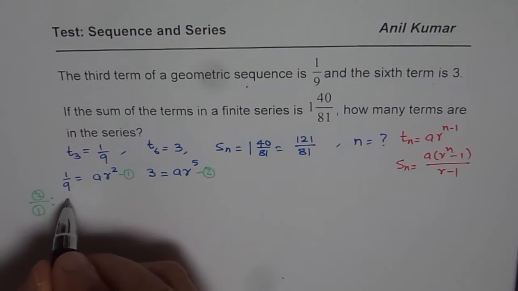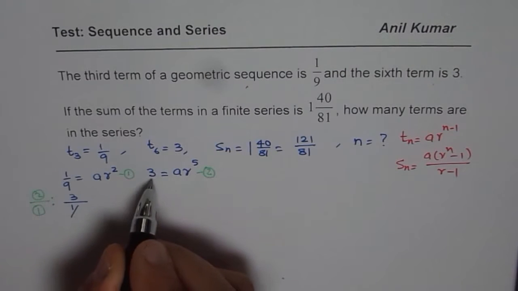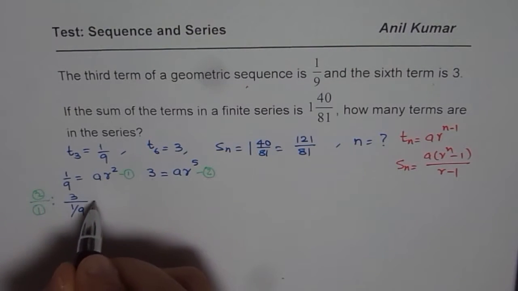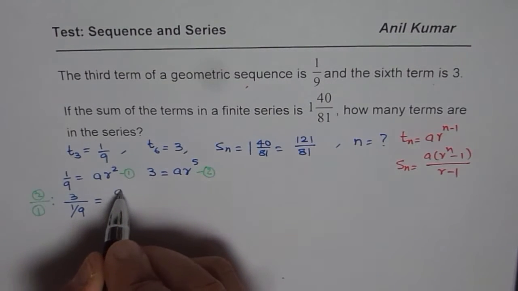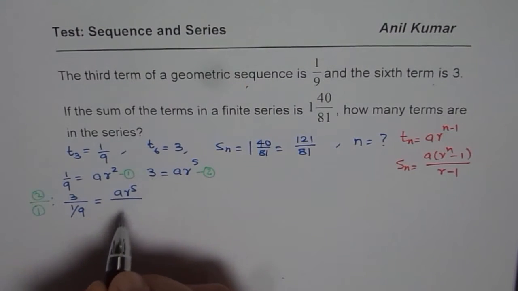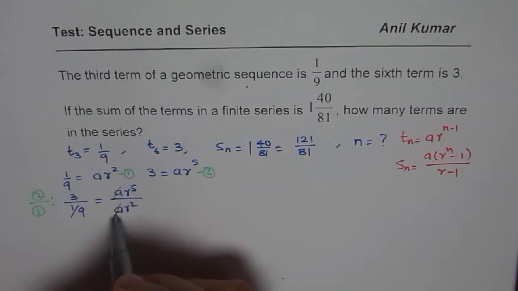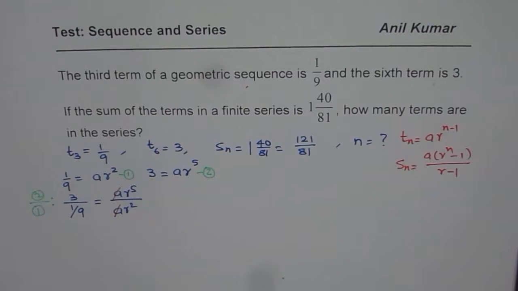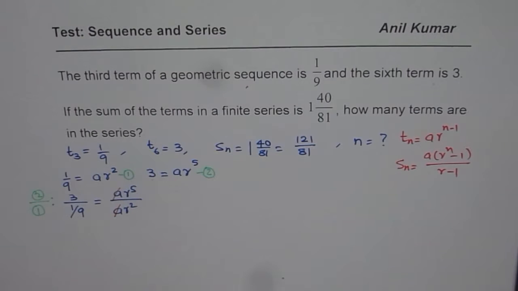I get 3 over 1/9 equals, mainly because the r power is higher here, a r to the power of 5 over a r squared. That is the strategy. Now a and a will cancel out, so what we are left with is just r, and we can find the value of r from this ratio.